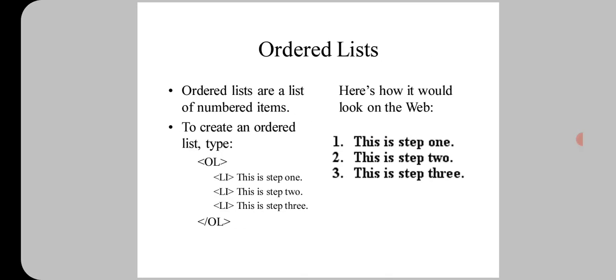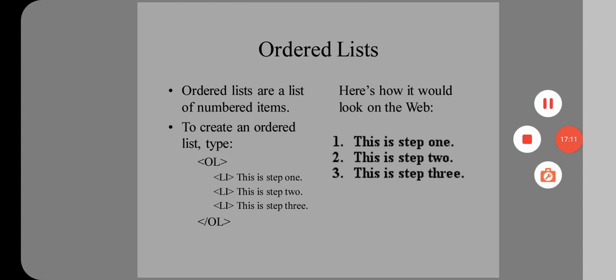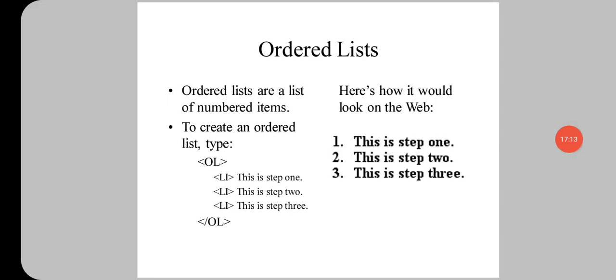An ordered list is a list of numbered items. To create an ordered list, we may use the OL tag. The OL tag is used to create an ordered list.